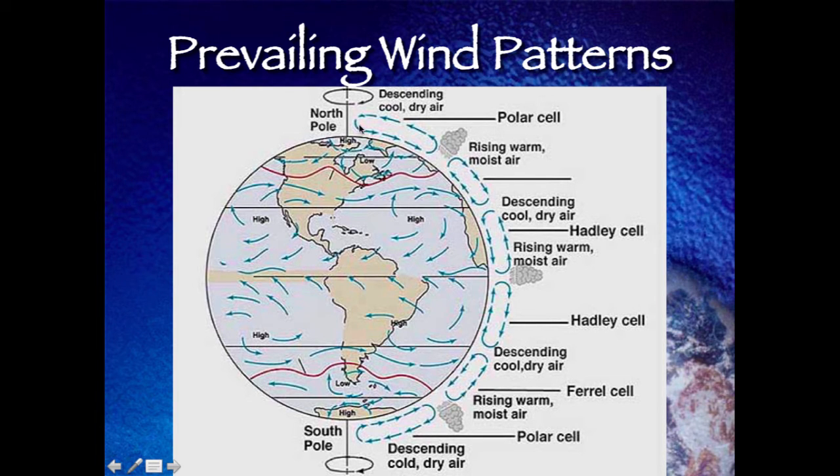Again, just another picture, same thing. This is showing you pretty much what I just showed you, and the last one was in detail. This is very general. We have warm, moist air, dry air, lots of deserts, warm, moist air, tropical rainforest, that kind of thing. Okay.